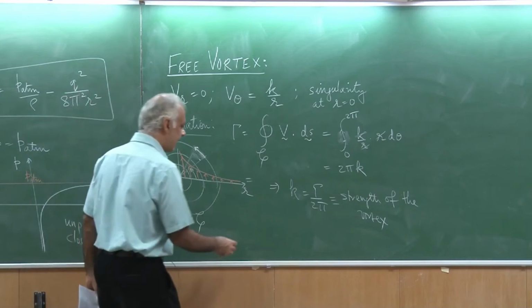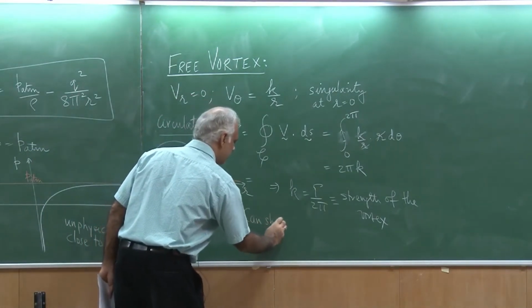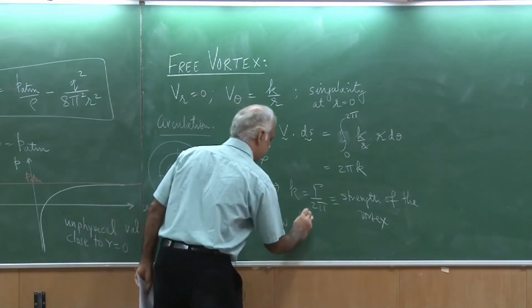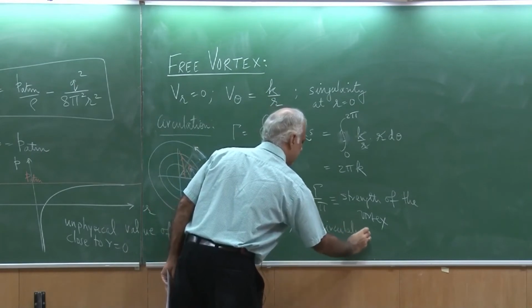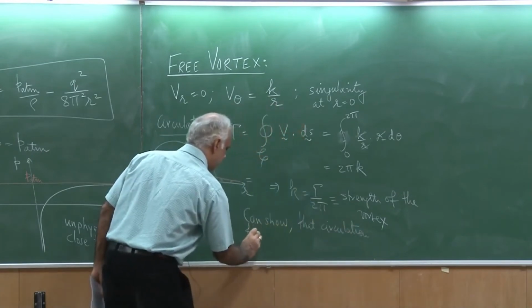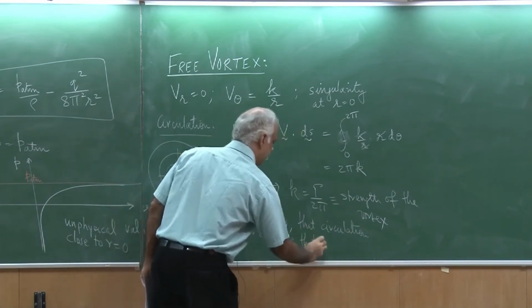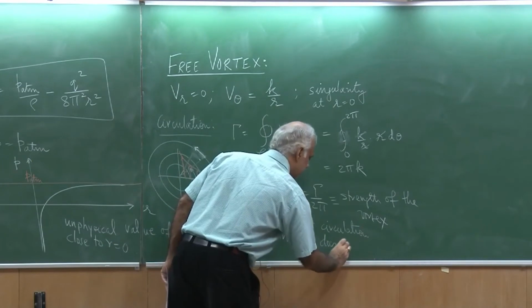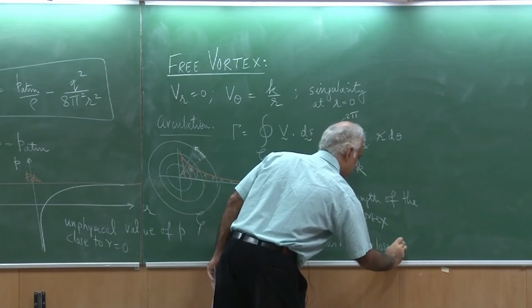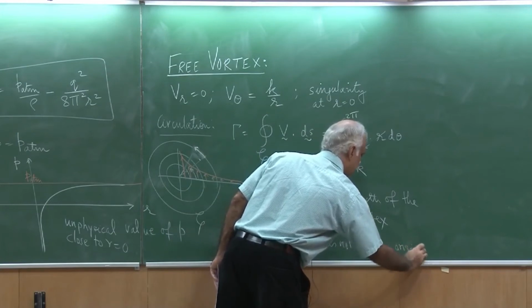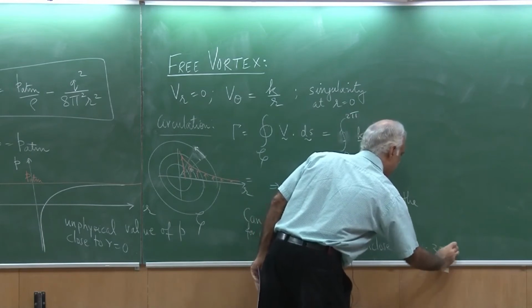Maybe I will write a remark here that you can show, and probably you should, that circulation for a curve that does not enclose the origin is 0.